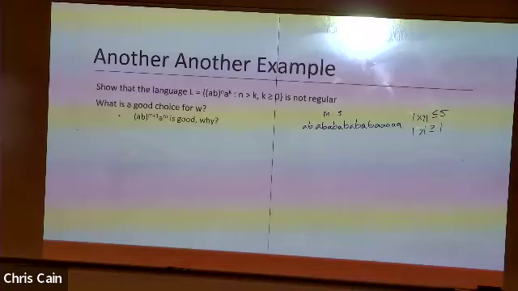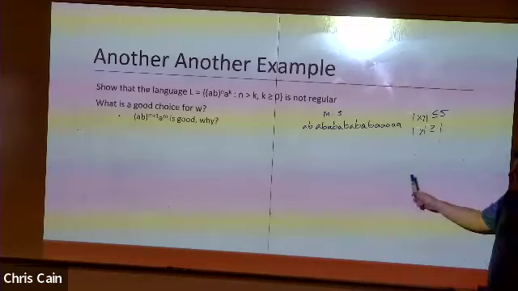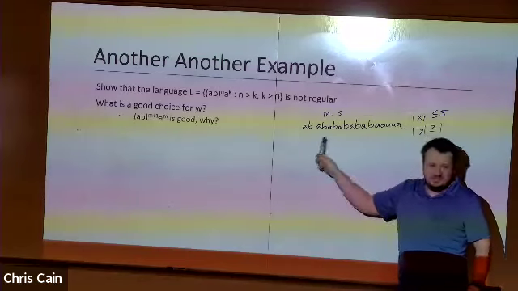The length of x, y has to be less than or equal to m. Yeah, which means that it comes from which portion of the string? Beginning. Yeah, something with repetitions of a and b.